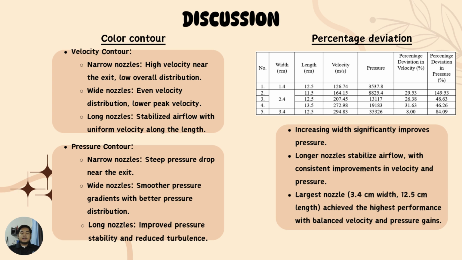These findings highlight that increasing nozzle width significantly enhances the pressure, while longer nozzles stabilize airflow and improve overall performance. The largest nozzle, with dimensions of 3.4 cm width and 12.5 cm length, achieved the best results, offering a balance between velocity and pressure.